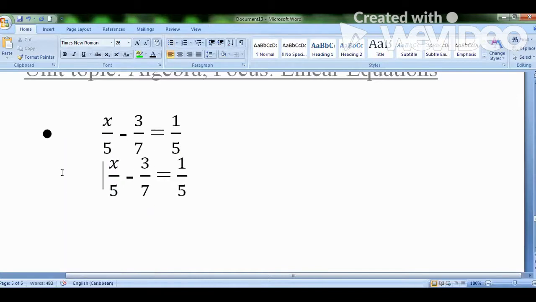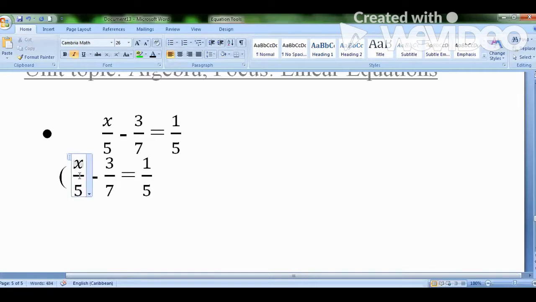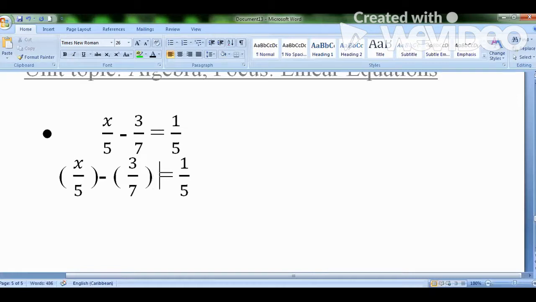Step number 1, you're going to bracket each term. What am I going to do, class? Bracket each term. So the first thing you do is bracket each term. You write that down as your step 1.